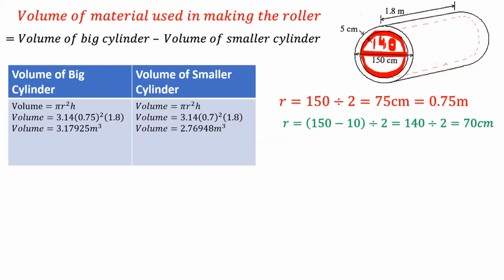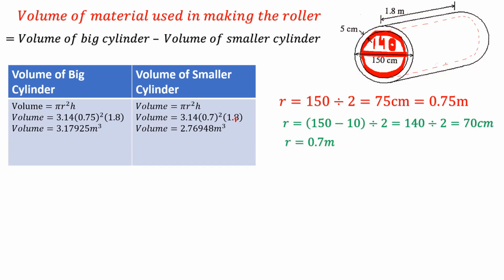So we're doing half of 140, which is 70. That means the radius here is 70 centimeters. If we convert it to meters, it's 0.7. So the radius is 0.7.